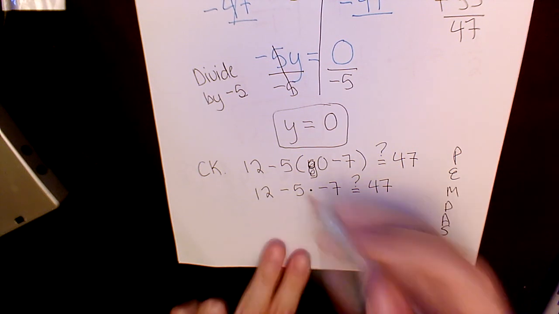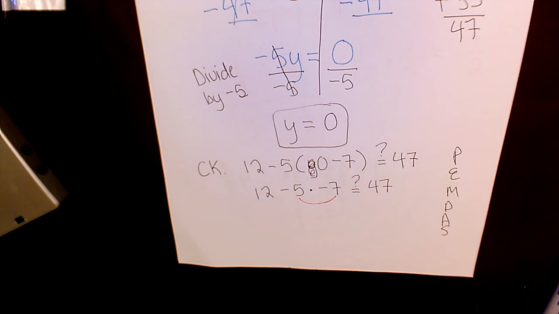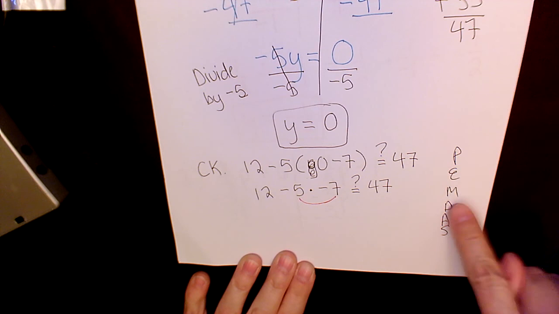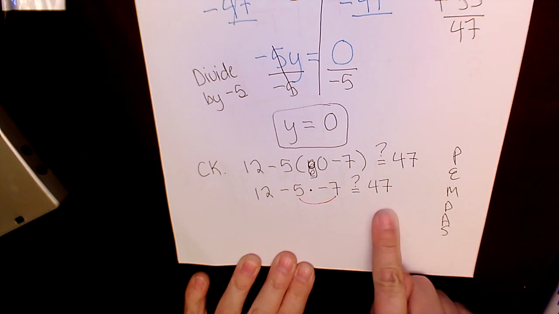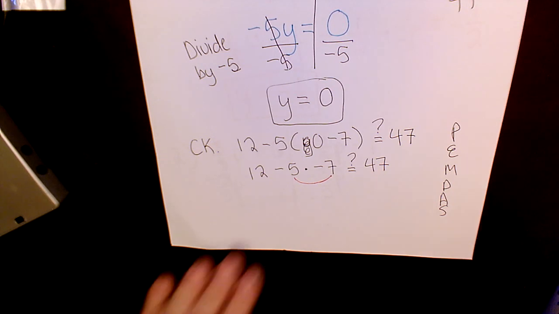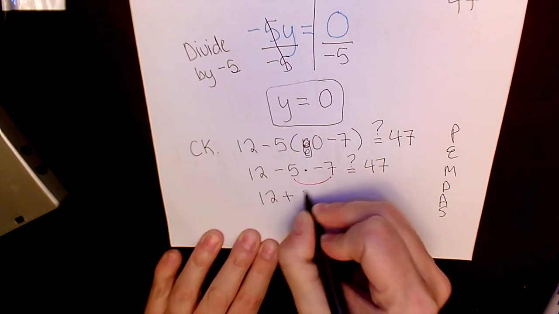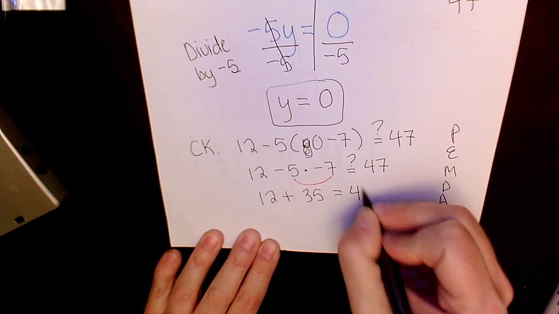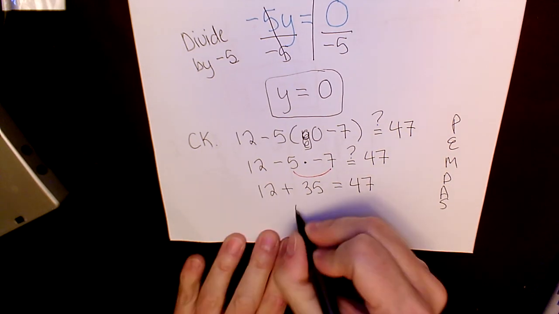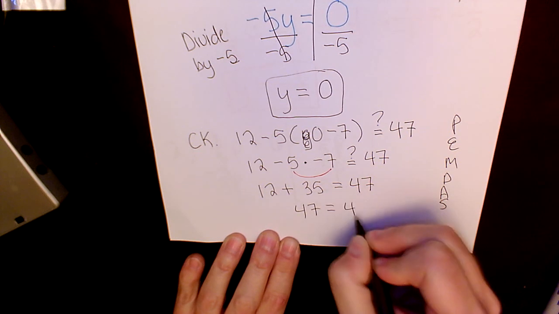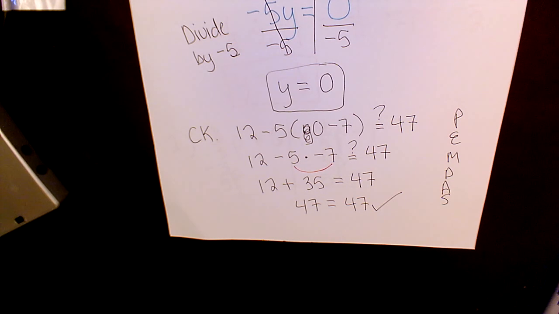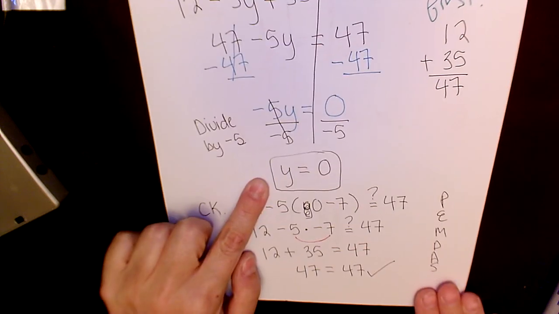What's -5 times -7? Because we did the parentheses, there's no exponents, and now we're going to multiply, divide, whoever comes first. So this is 12 plus 35, because -5 times -7 is a positive 35, and 12 and 35 is 47, so it does check. So the answer is y equals 0.